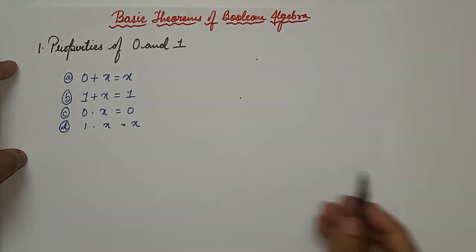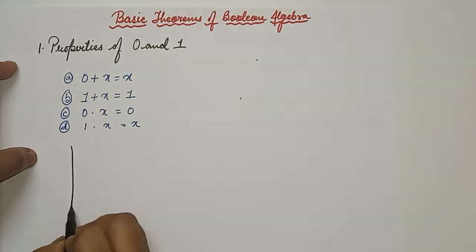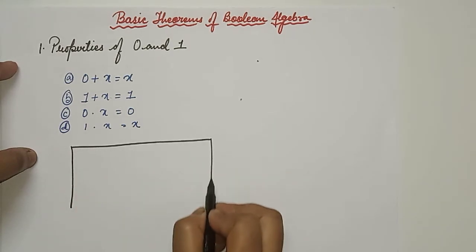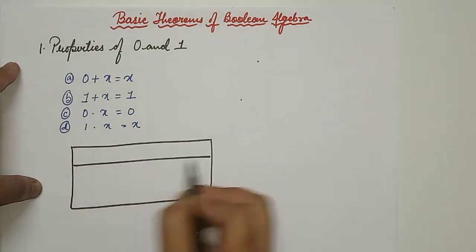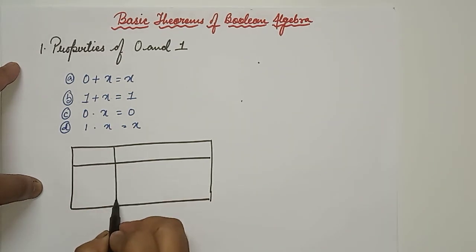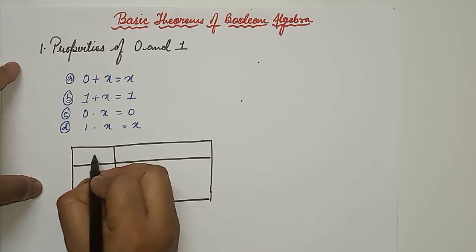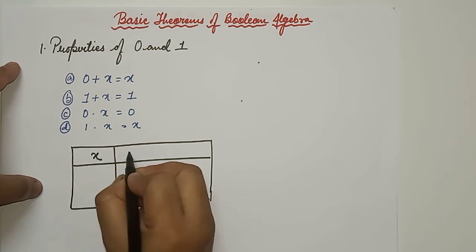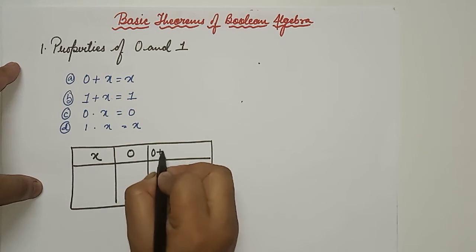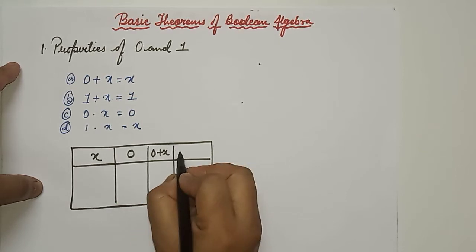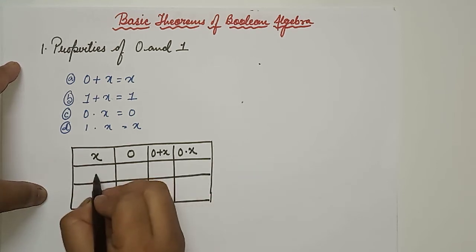To understand this one, let's draw the truth table. So x is a variable we have taken.